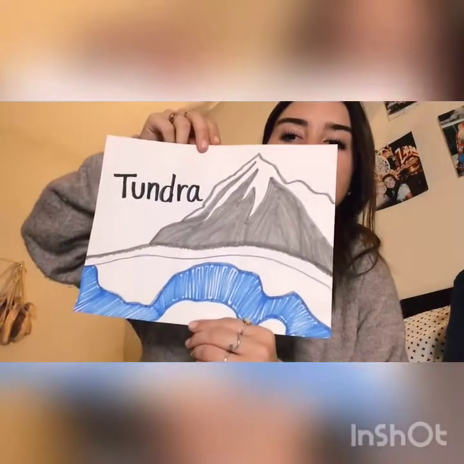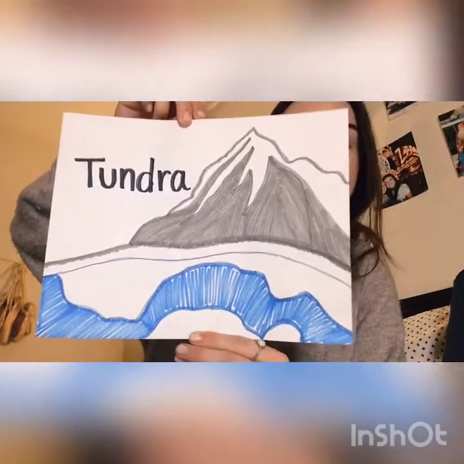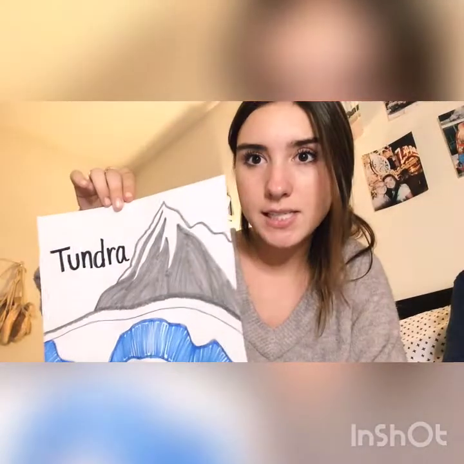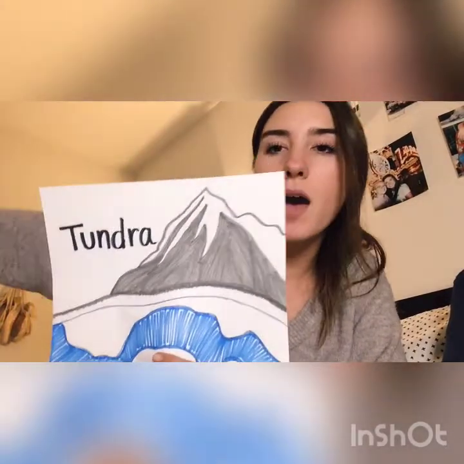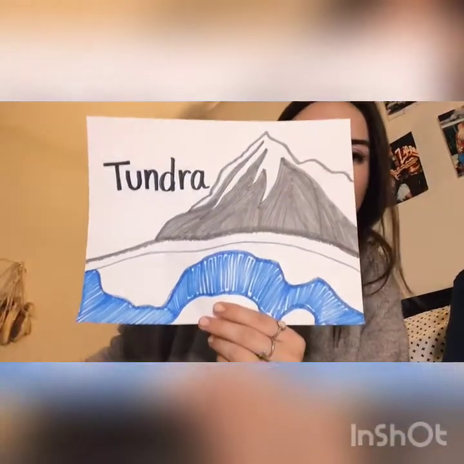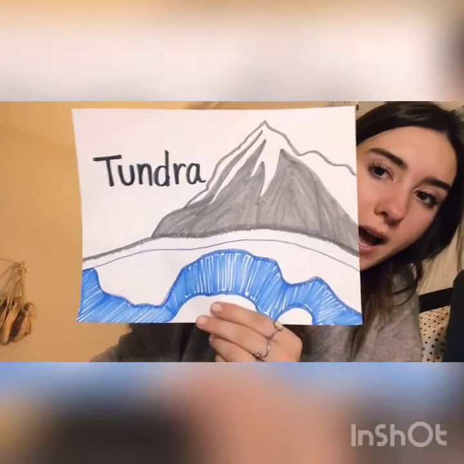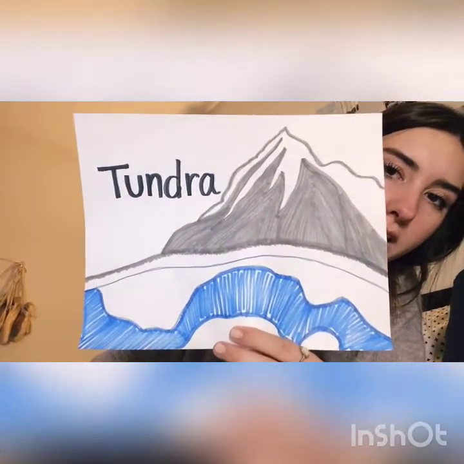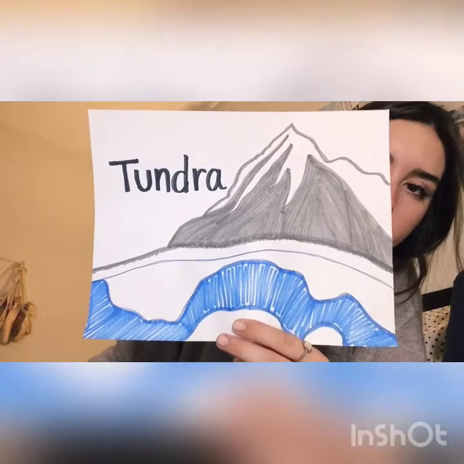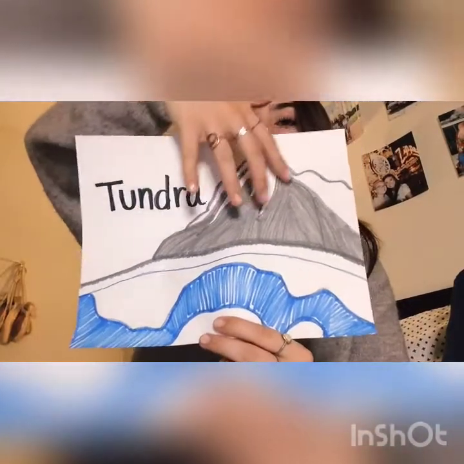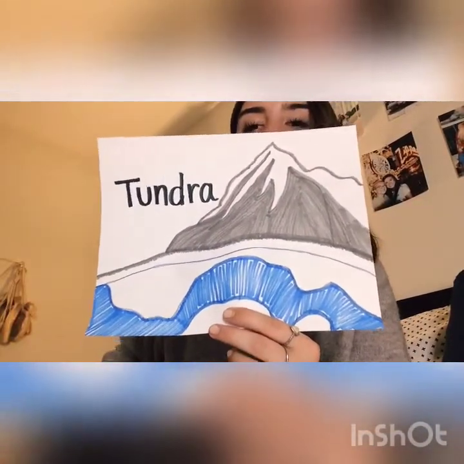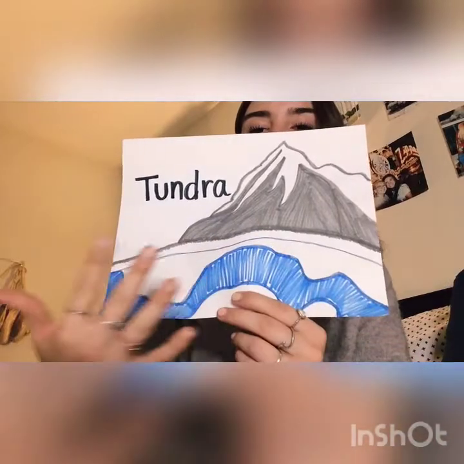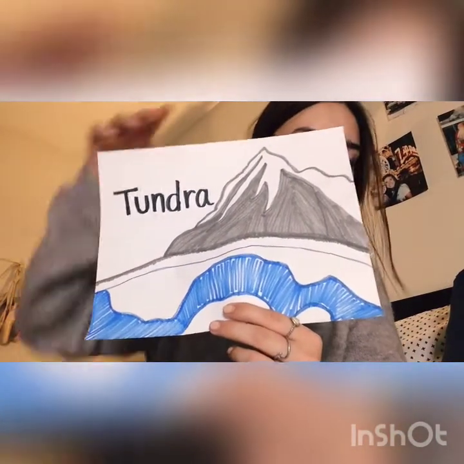Another climate for you guys is the tundra. And the tundra is kind of like a mountainous area, so lots of mountains, but it's pretty cold and dry, and there's snow pretty often. So this is kind of like the tundra with the mountains and the snow and the cold river, frozen river at the bottom.